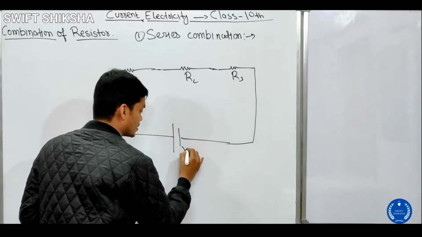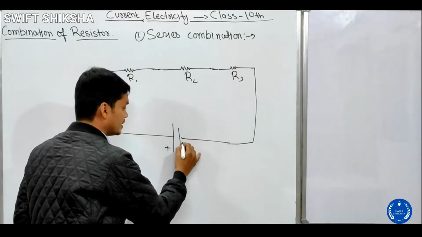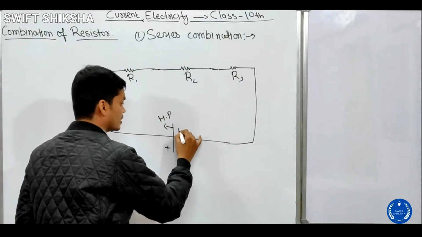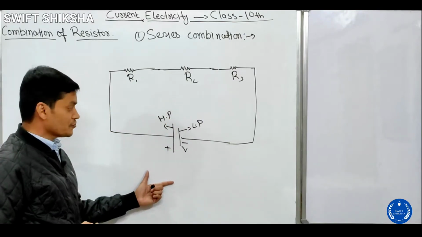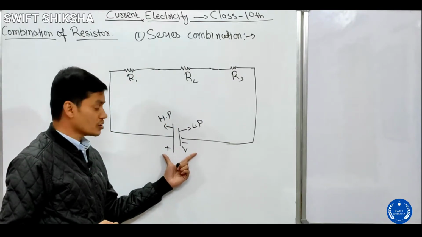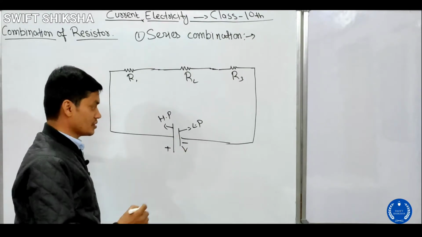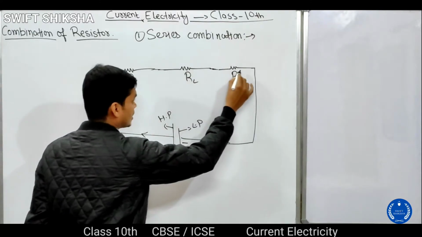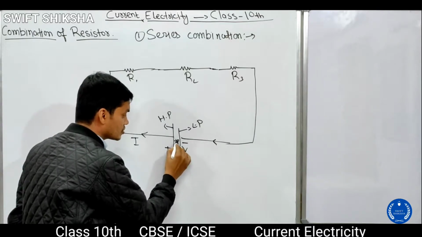This one is the plus plate, this one is the minus plate. This is known as higher potential, this is known as lower potential. Current always flows in the direction from higher potential to lower potential, like this. Not like this, this is the wrong method.